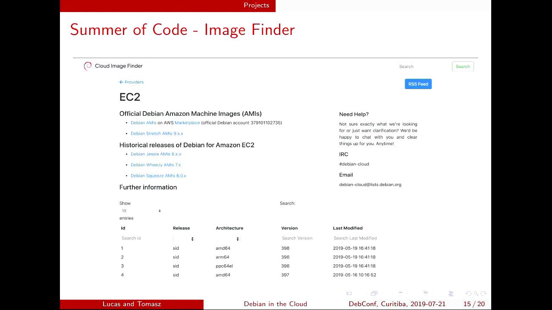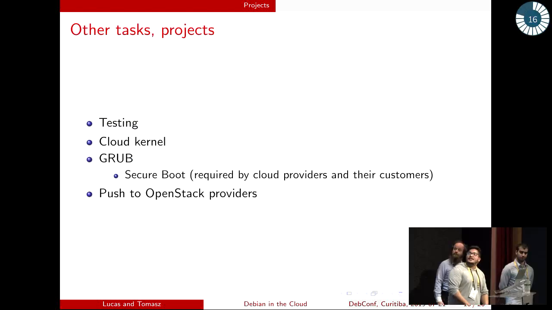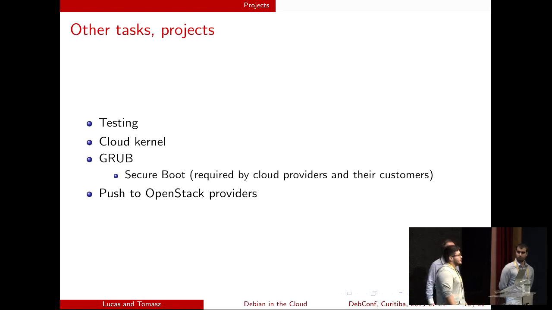So that's an interesting project that we've been working on, but besides that we are working on other projects and other tests. Some people in the team are working on trying to test our images.